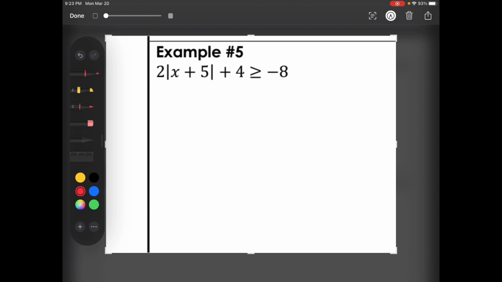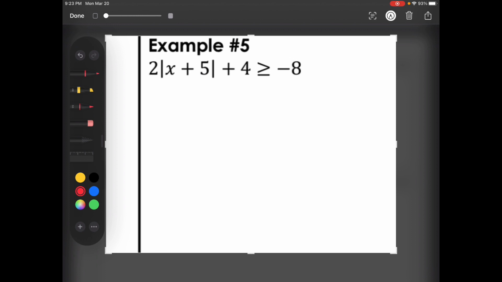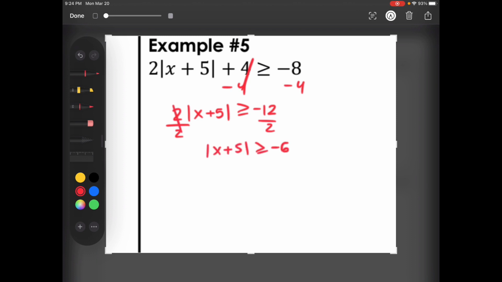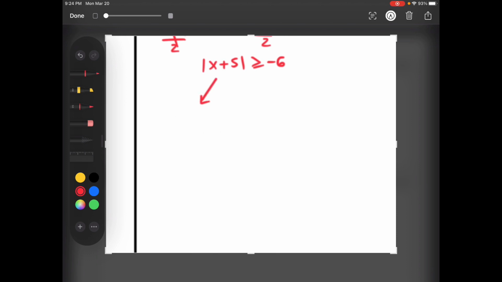All right, so for this one, first step is to get the absolute value by itself. And then we have the two ways to do it.